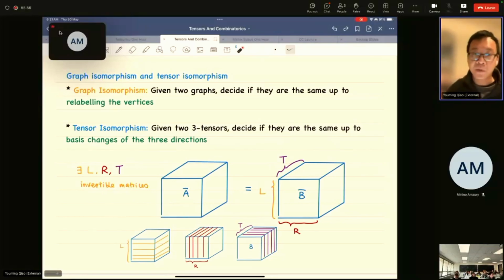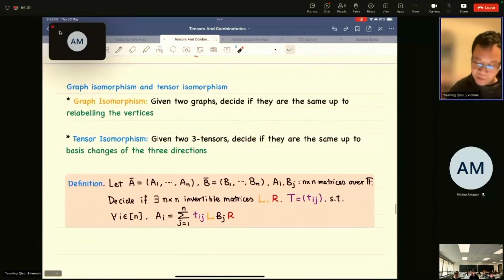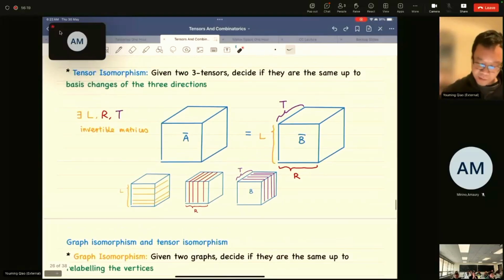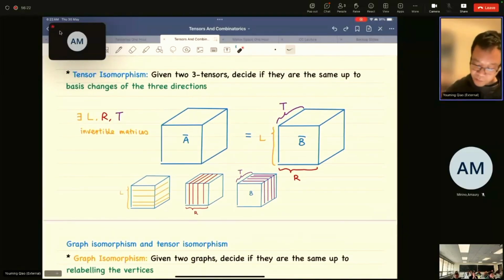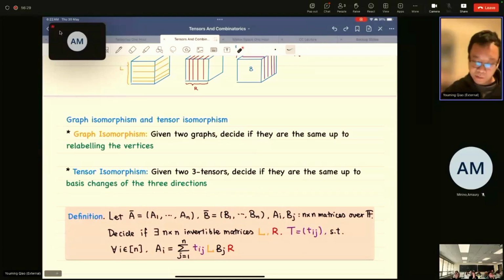Now, of course, I explained it intuitively. And of course, here is a formal definition. You can definitely write it formally. Namely, you write your tensor A as a matrix tuple, where these are essentially the frontal slices. You slice your tensor according to the 3rd direction, and then you get a tuple of matrices.